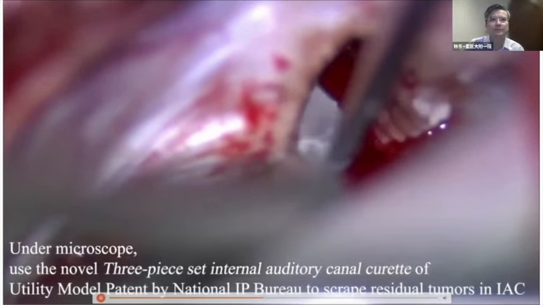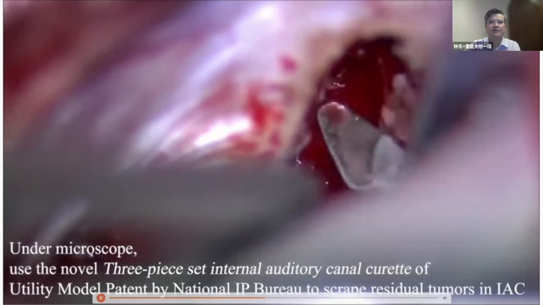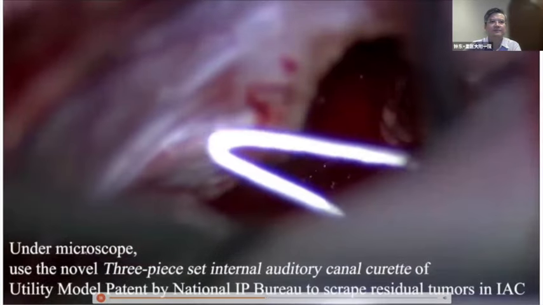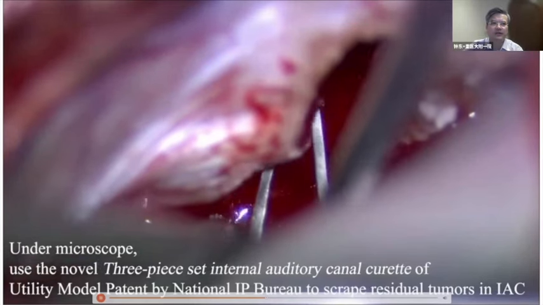We use a 3-piece set of IAC dissector to separate and scrape the residual tumor in IAC. Its head has different shape, angle, and cutting edge.